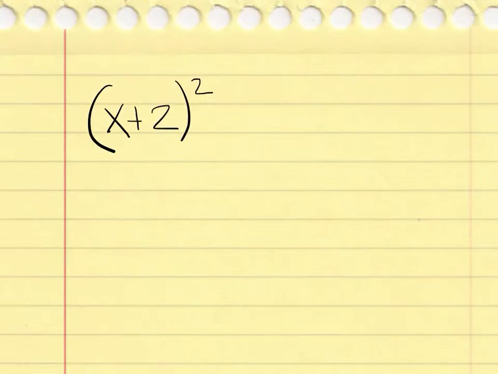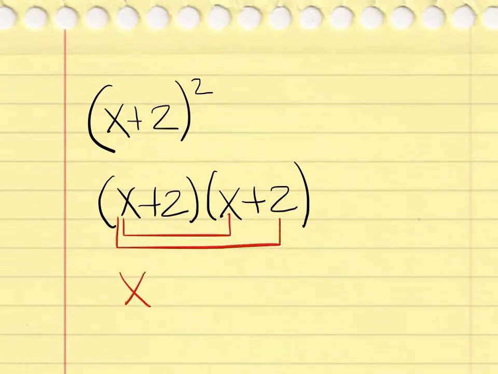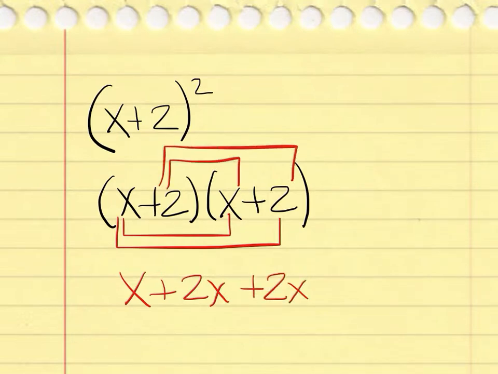If you go over here to the scratch paper and write x plus 2 quantity squared, remember that it can be written as x plus 2, x plus 2, and when you multiply that out, it's x times x, x times 2, 2 times x, 2 times 2.